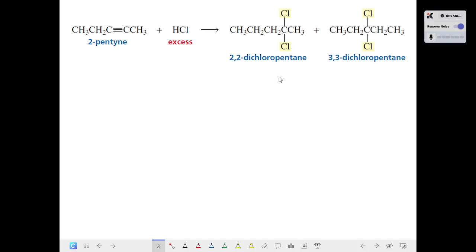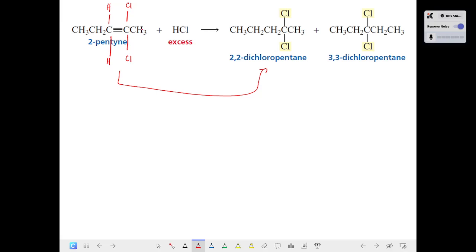Okay? So this one is a different example because it is an internal alkyne, and what will happen is we have two possible sites of addition. The hydrogen can add here and the Cl here. Then for another round, another H attaches here and the Cl here.